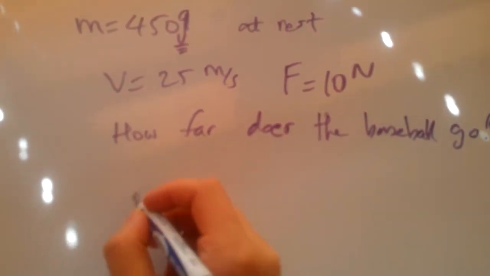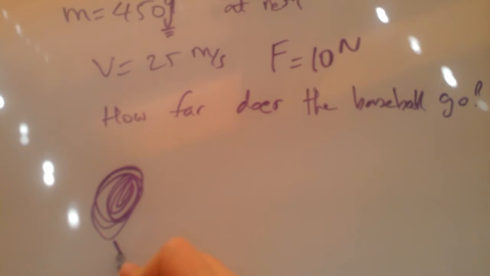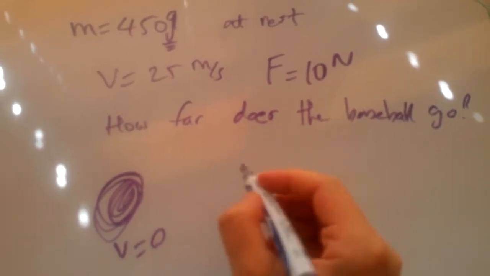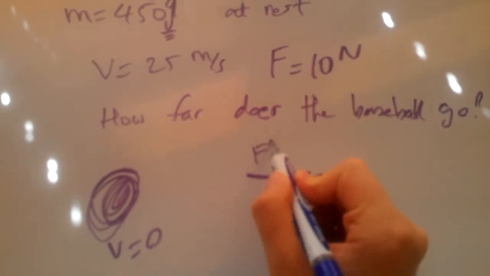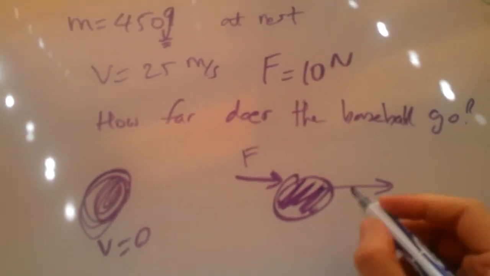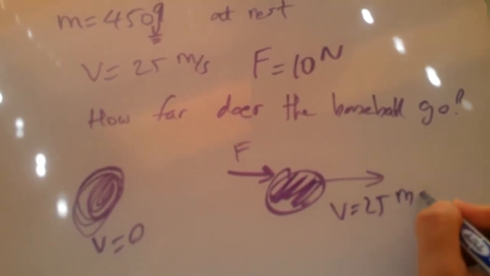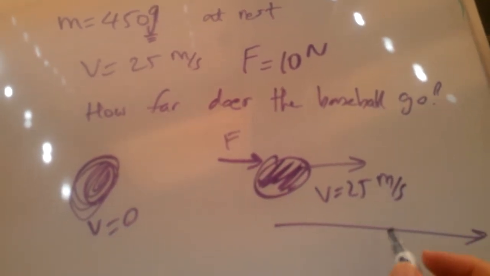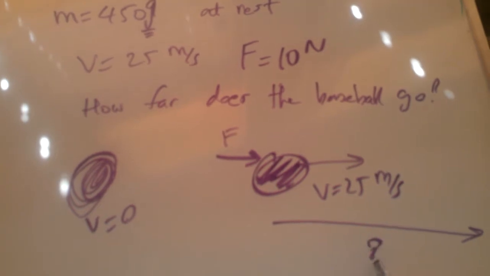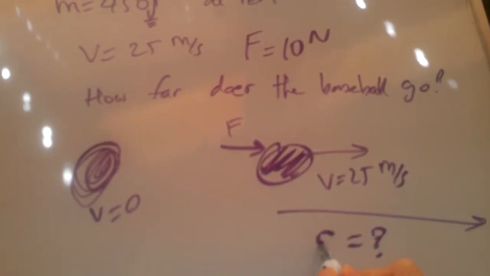Always draw the question. So there is this ball. It's first at rest. Now I exert some force on the ball of 10 newtons, and I give it a speed of 25 meters per second, and I make it actually move. And I'm wondering how far it'll go.